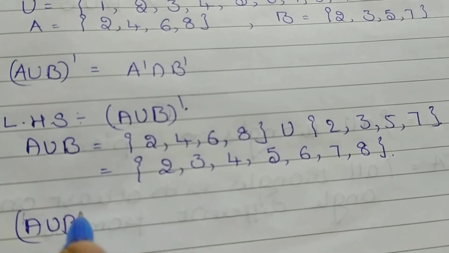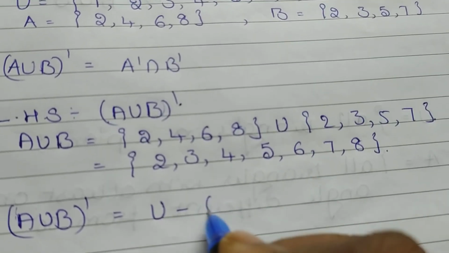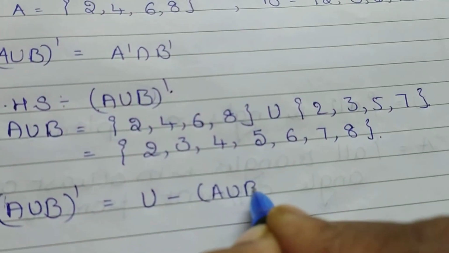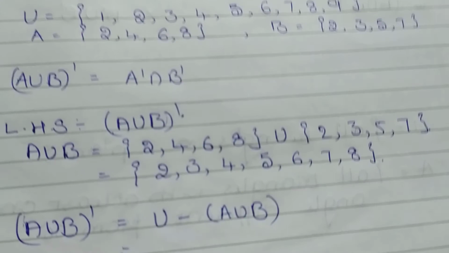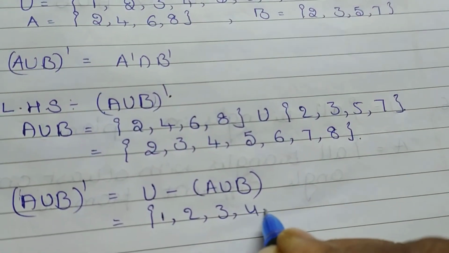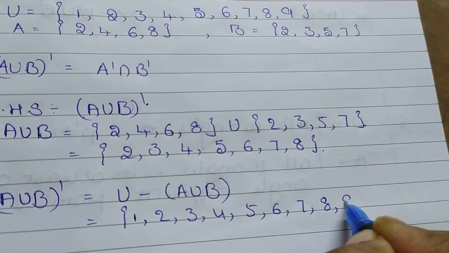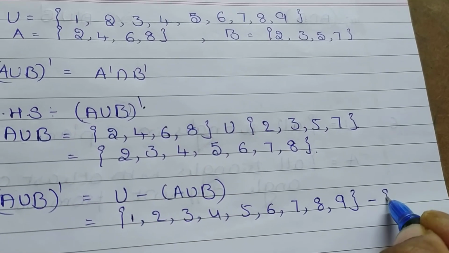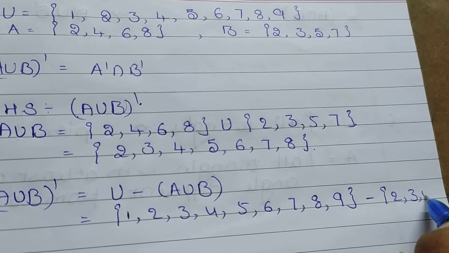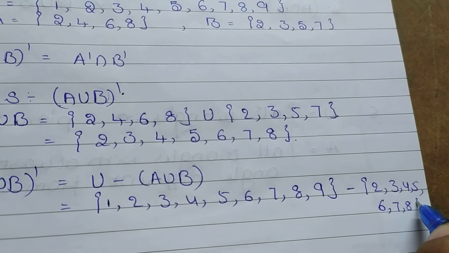A union B whole complement means the universal set minus A union B. So the universal set is how much? 1, 2, 3, 4, 5, 6, 7, 8, 9 minus 2, 3, 4, 5, 6, 7, 8.